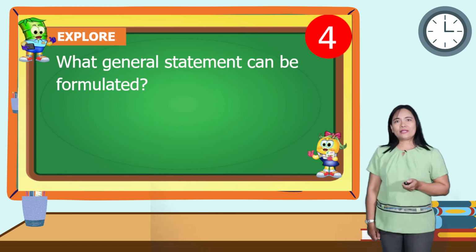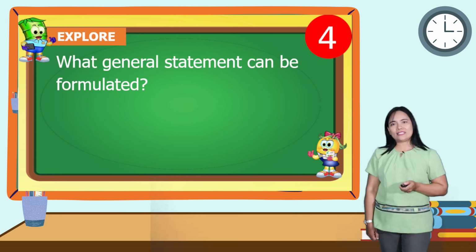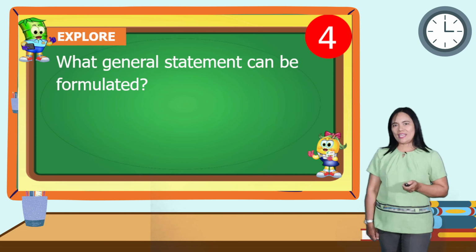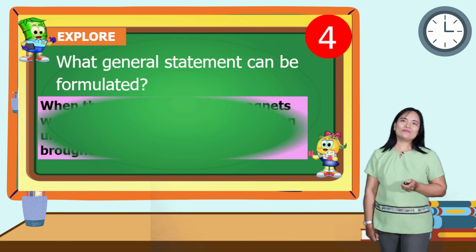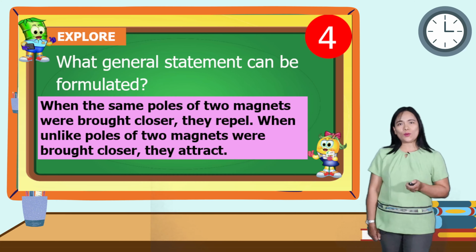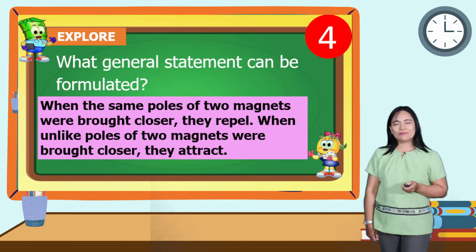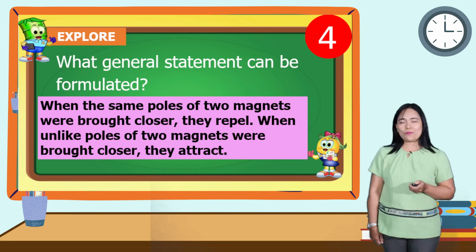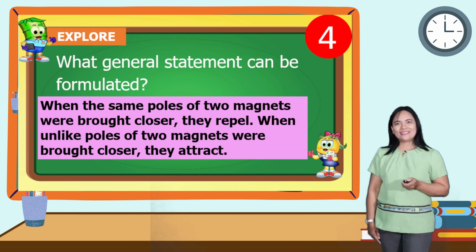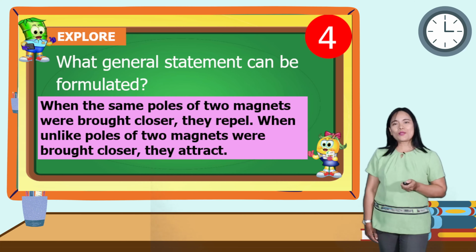What general statement can be formulated after watching the videos? Okay, the answer there is, when the same poles of 2 magnets were brought closer, they repel. When unlike poles of 2 magnets were brought closer, they attract. Did you get it right, children? Very good.